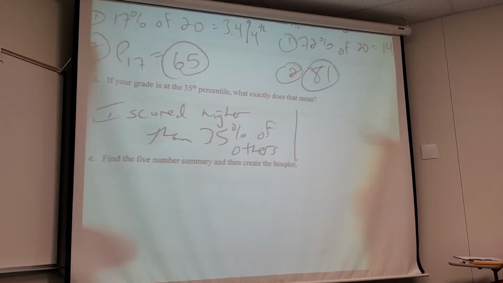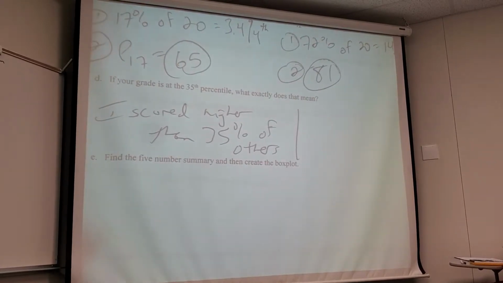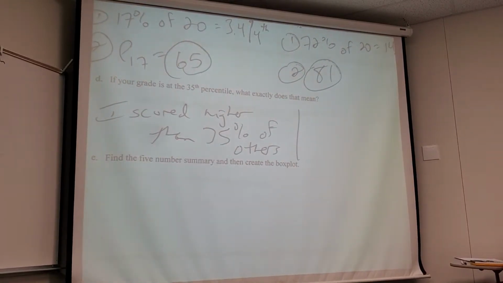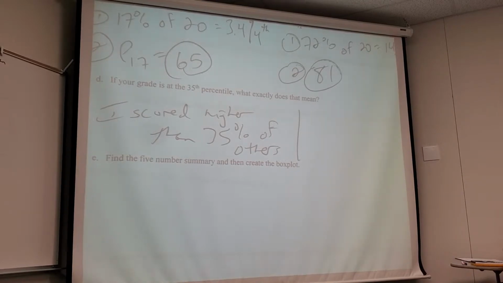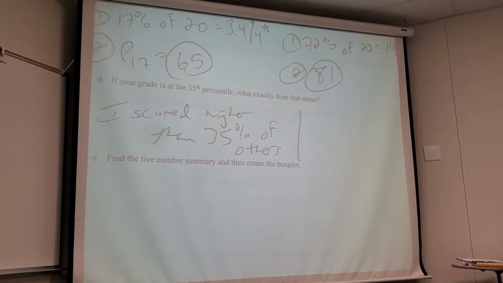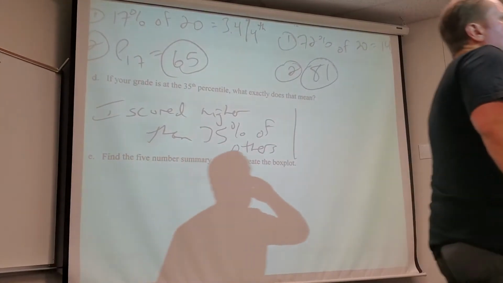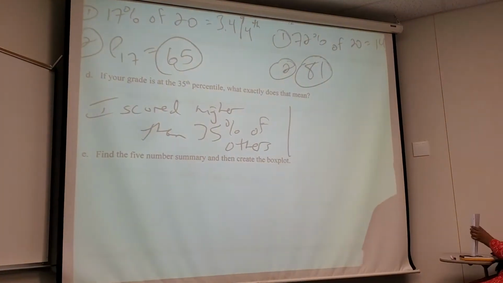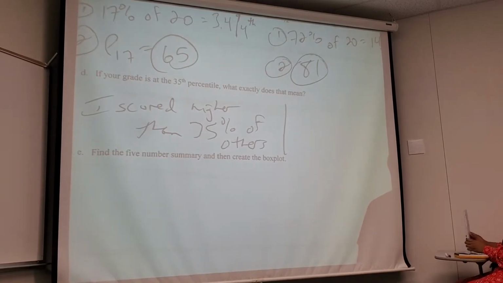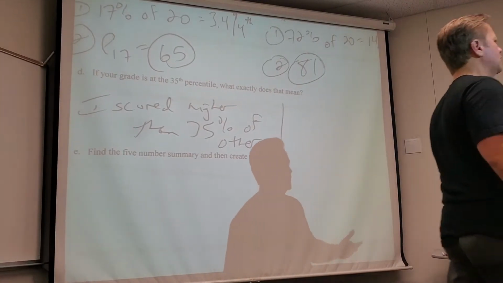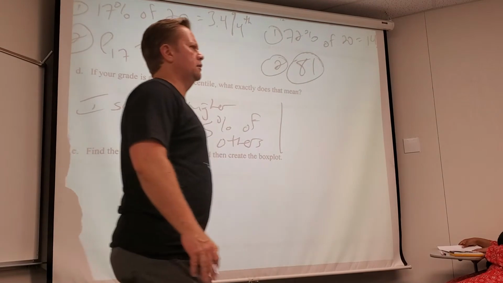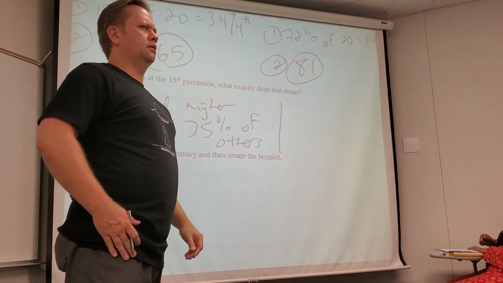Or you could say my grade is higher than 35% of the other grades. It's basically saying the same thing. Oh, not really, because that would just be subtracting, give me the answer. Nothing interesting there, right?